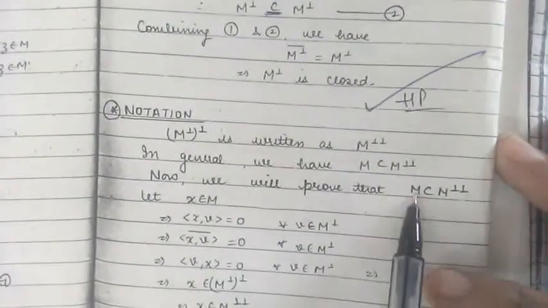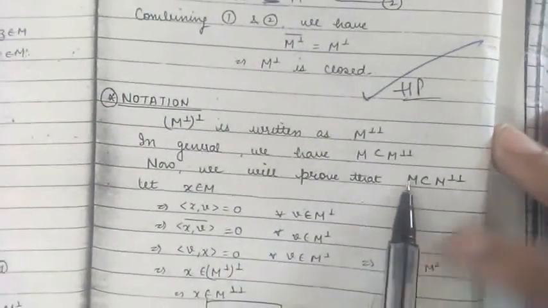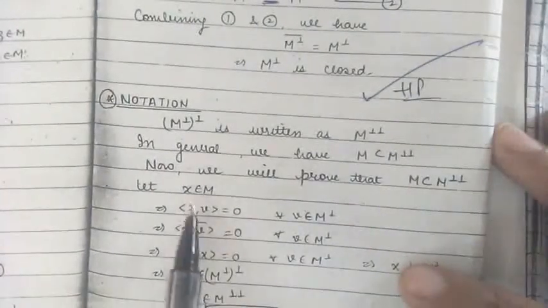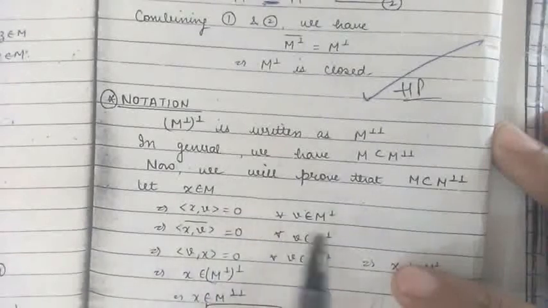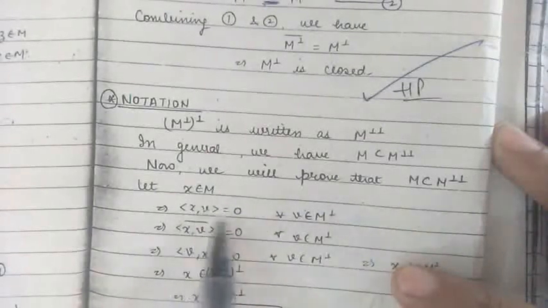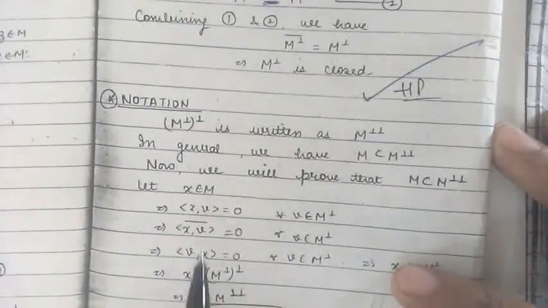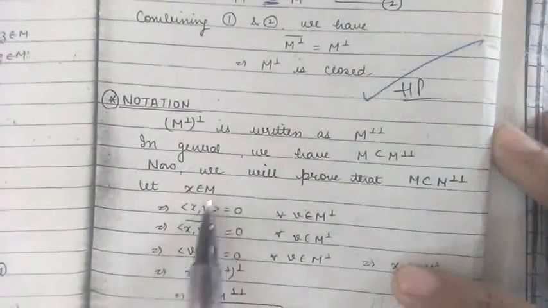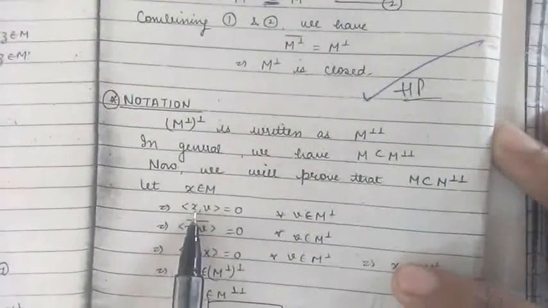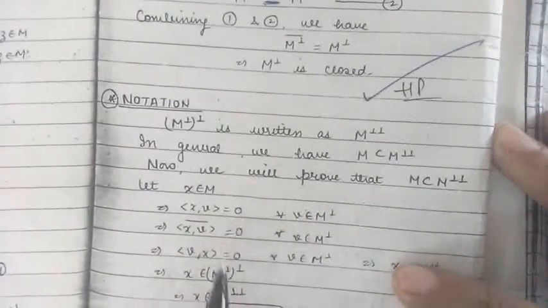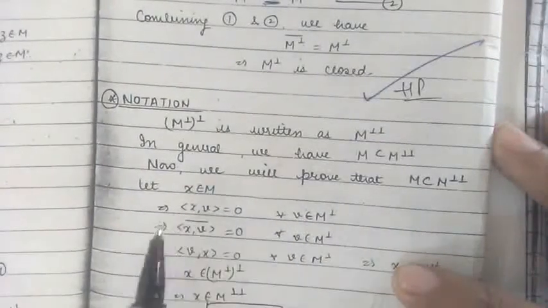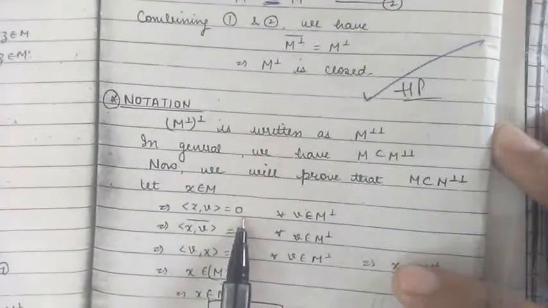In order to prove this, let us take an element X belonging to M. Now by definition, the elements of M and the annihilator of M are orthogonal to each other. So if we take an element X from M, then its inner product with every element V of the annihilator will be 0. So from here, the inner product of X with V will be 0.